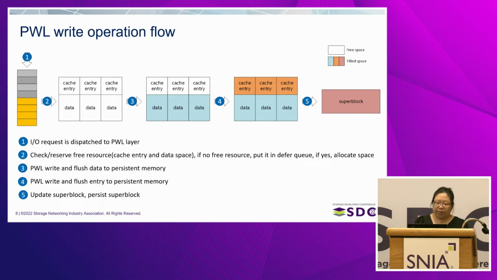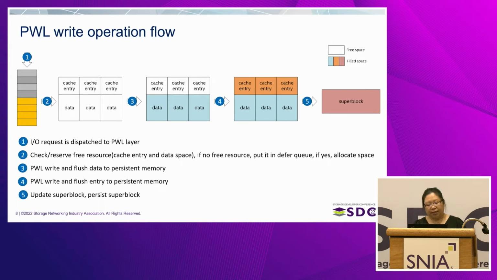So here is the persistent write log cache write operation flow. Our code is plugged into RBD, librbd. When librbd issues the IO request, the IO request goes to the PWL layer.